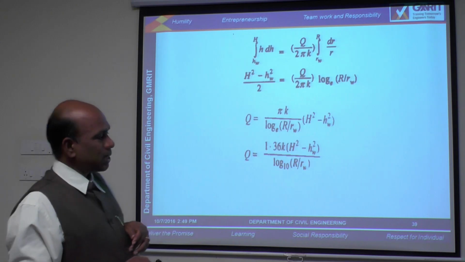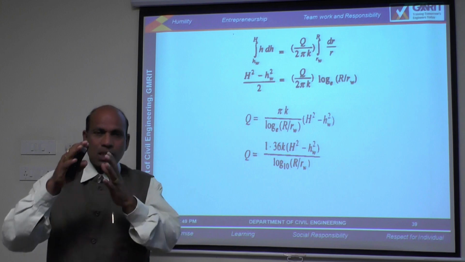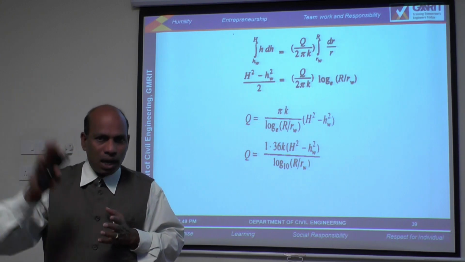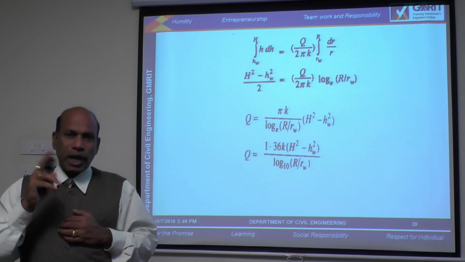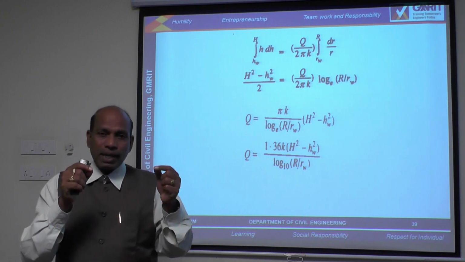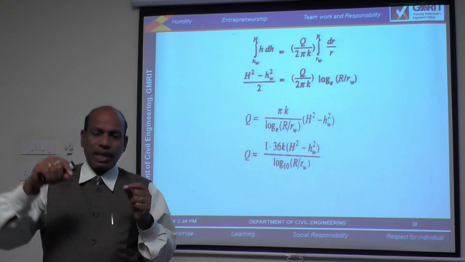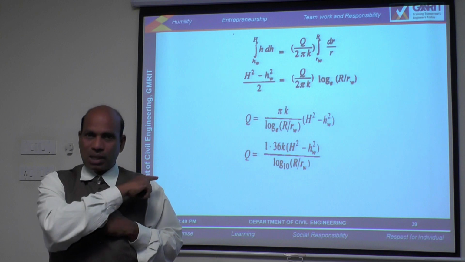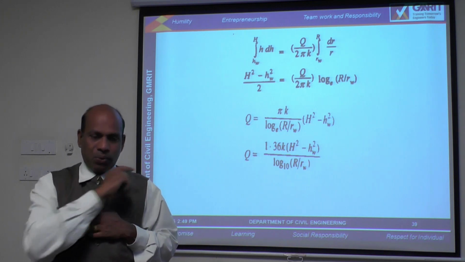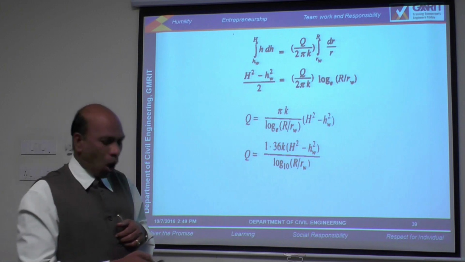Here also, as in the earlier case, P is the point located on the radial curve. In the earlier case, r was taken as r1, r2, and h was taken as h1 and h2, as I just told you. Here, in this case, r is taken as rw.